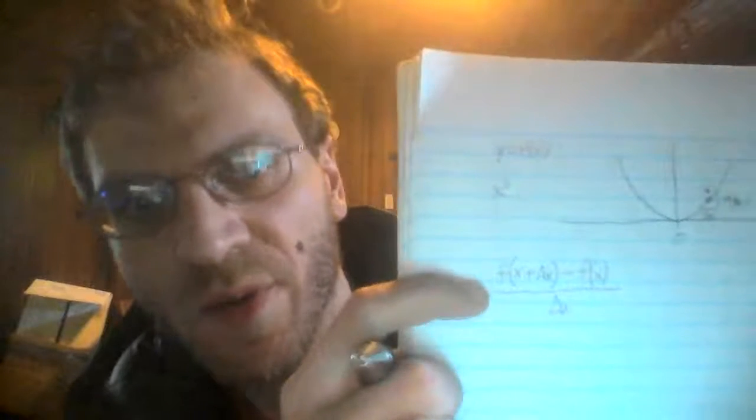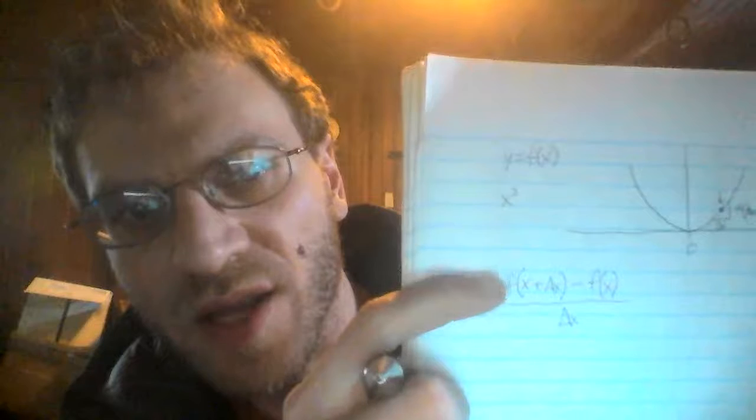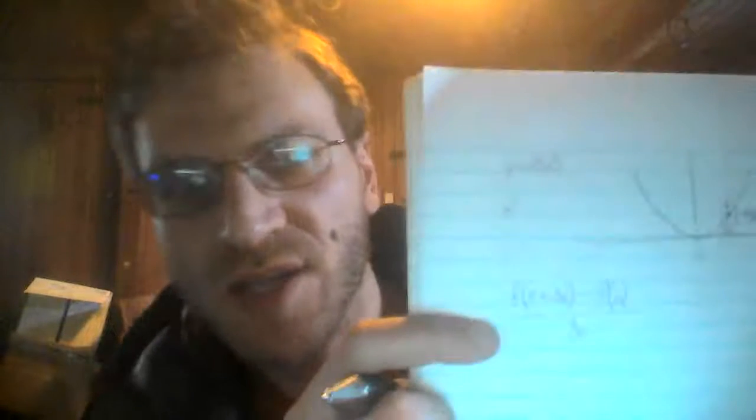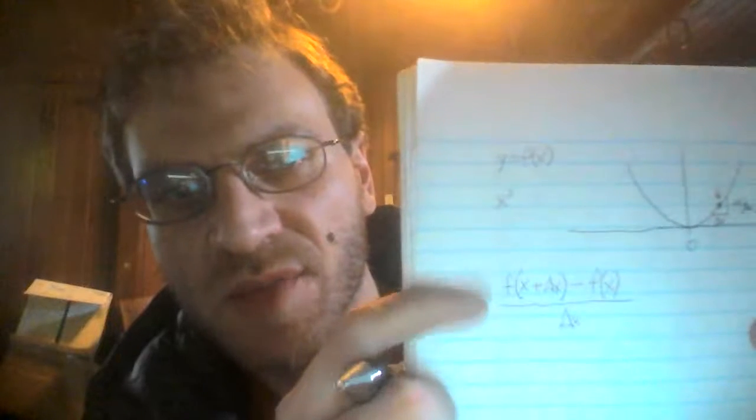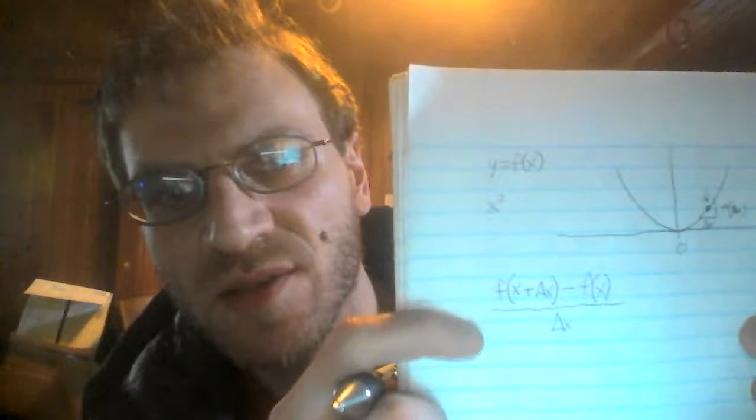The rise from 1 to 2 is 1, and then you divide it by delta x. Calculus gets into the idea of limits and stuff. I'm not really going to get into that, but for x squared, that's a good example to describe what's going on here.